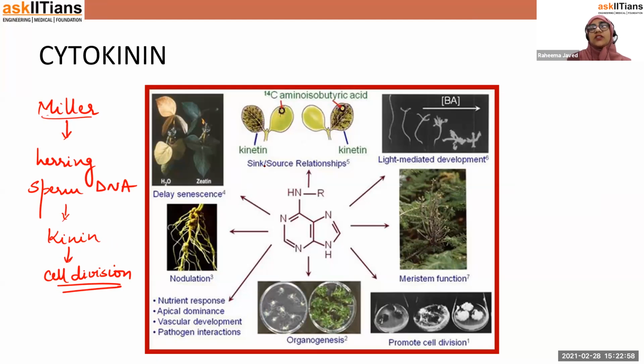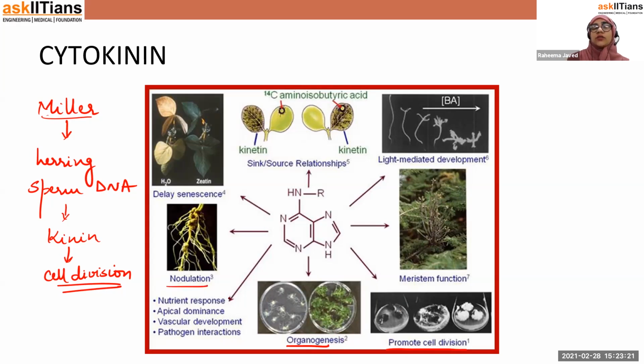In this picture, some of the functions of cytokinin are listed, like it helps in promoting cell division, and it helps in the organogenesis process, meaning the development of organs like shoot, roots, flowers, fruits, etc. This process is also known as morphogenesis. The third function is nodulation.